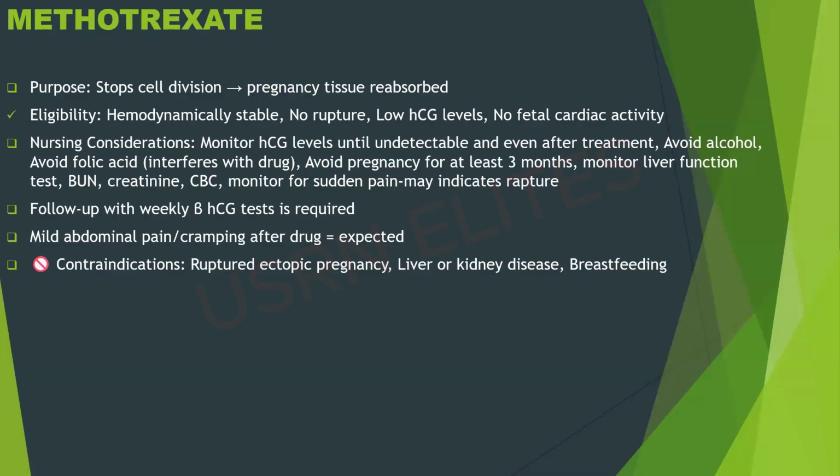And so once cells stop dividing, this tissue there, that's the fertilized ovum, the tissue will what? Reabsorb. And then the pregnancy will go away. So that's the ideal management. We mostly give methotrexate, and then it will stop dividing the cells, and the pregnancy will be absorbed, and you'll be free.